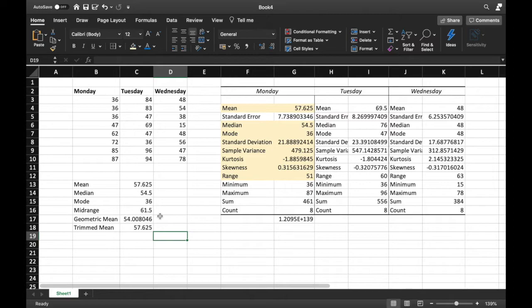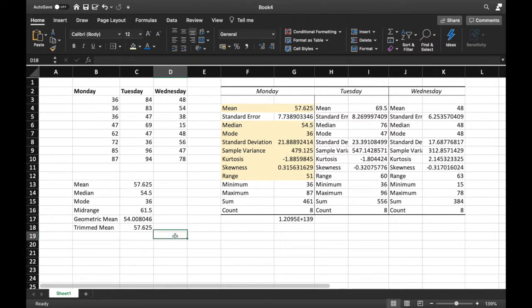The only 2 values here that agree with each other would be mean and trimmed mean, which is 57.65. The other values are not the same at all. The difference between these values are kind of big as well, so they do not agree with each other.